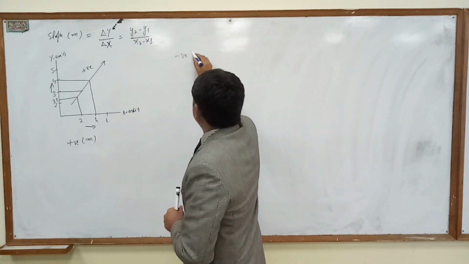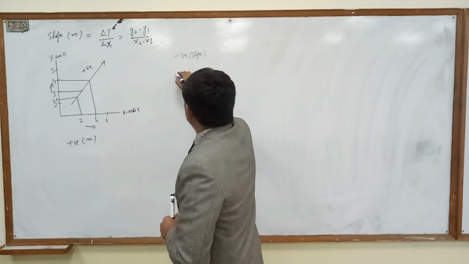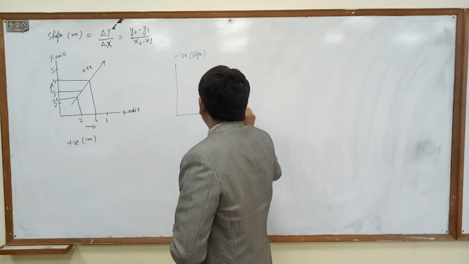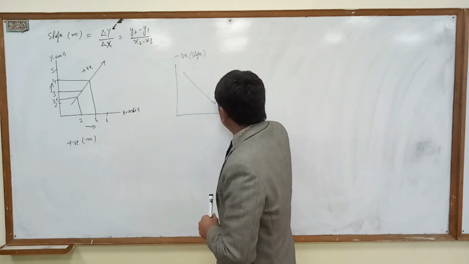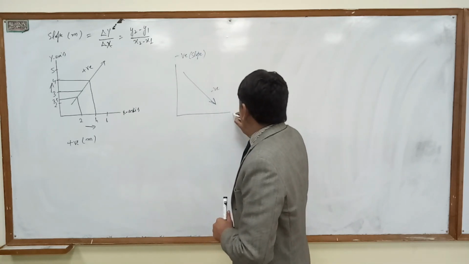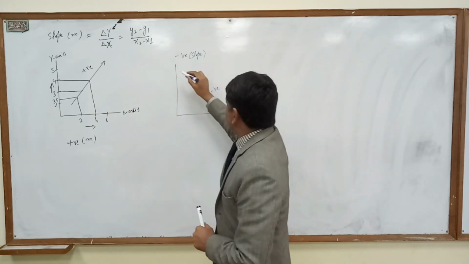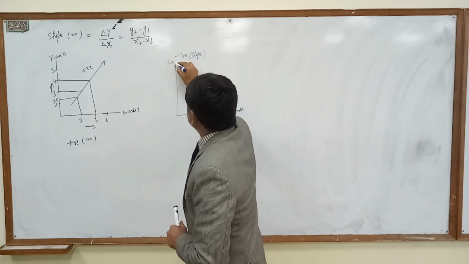Yes. Negative slope. What is negative slope? The curve shape goes left to right, downward. It's a negative slope. Here is the x-axis and here is the y-axis.